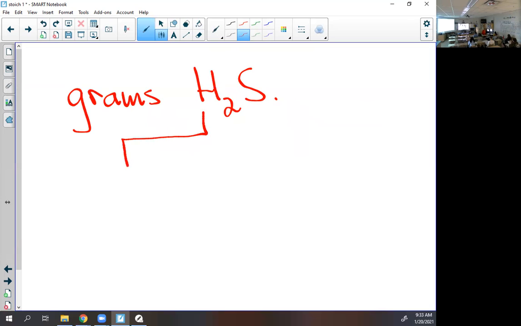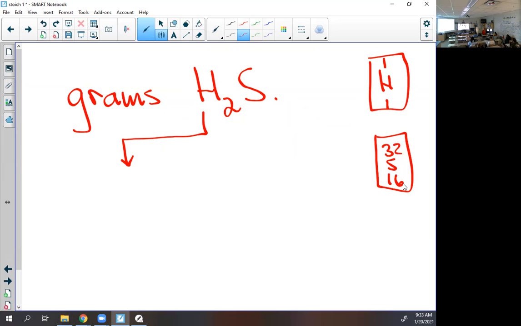You've done it before. All right, when we need to find the grams of a formula, we go to the periodic table and open to the middle. We need the middle one. And you'll notice in H, there's a 1 and a 1. And in S, which number's on top, big or little? There's 32 and 16. 32's on top and a 16. I just want to make sure I matched you. Okay.